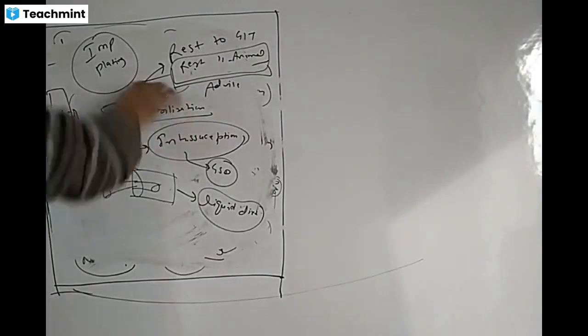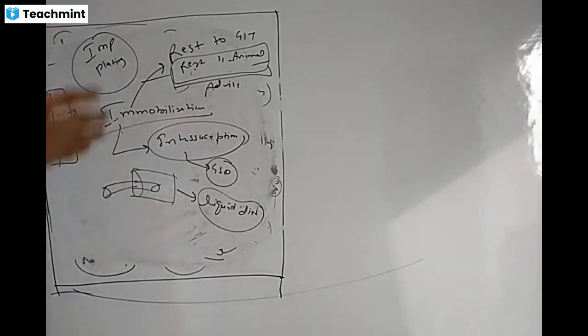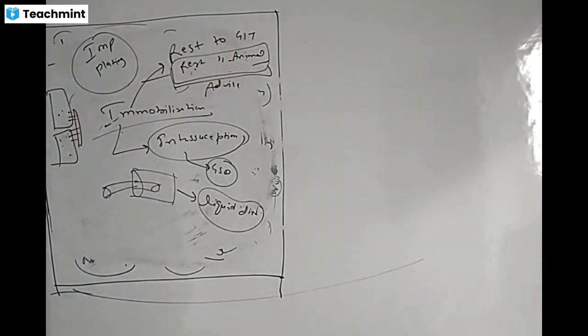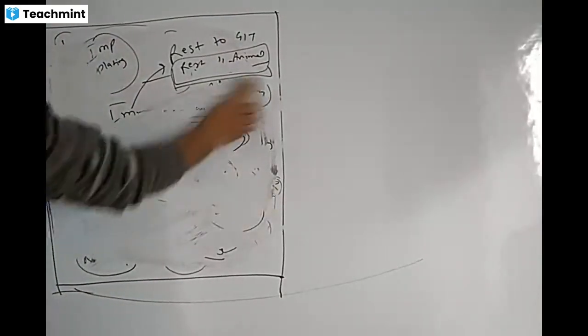So immobilization means giving rest to the organ, like the GIT after intussusception surgery where we give liquid diet, and giving rest to the animal, like after pinning and plating.